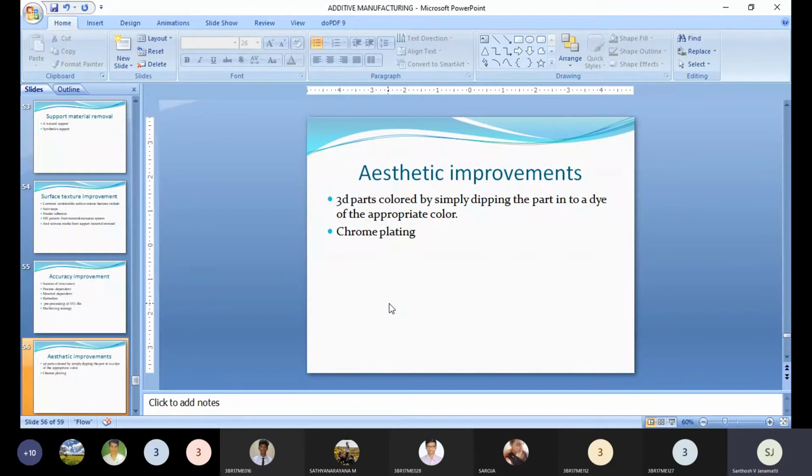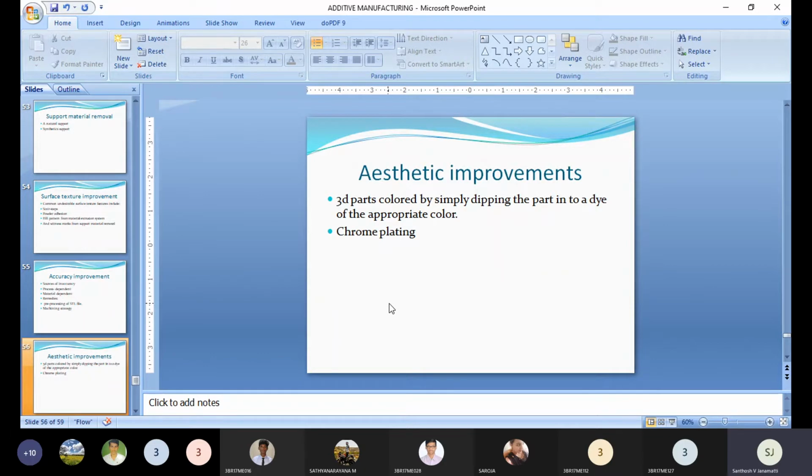Second, one more is chrome plating. Some people are expecting aesthetics as well as performance. They need the aesthetic aspects as well as the performance aspects. In those cases, we need to dip the entire 3D product into the chrome plating bath.